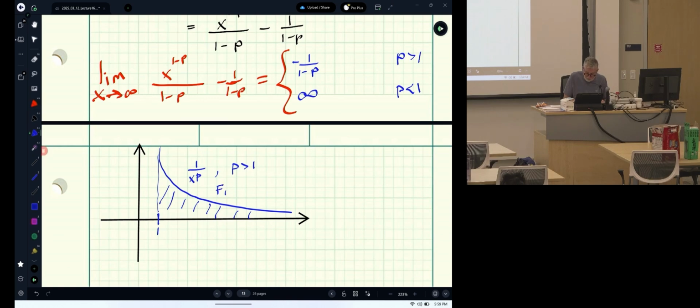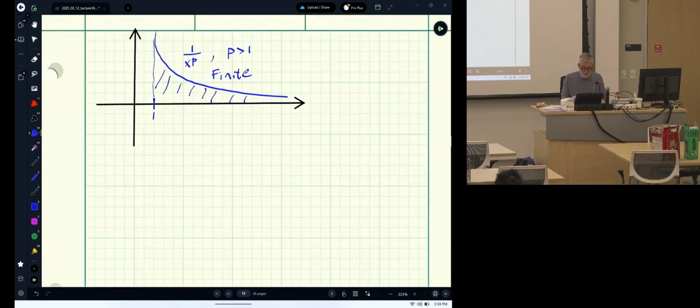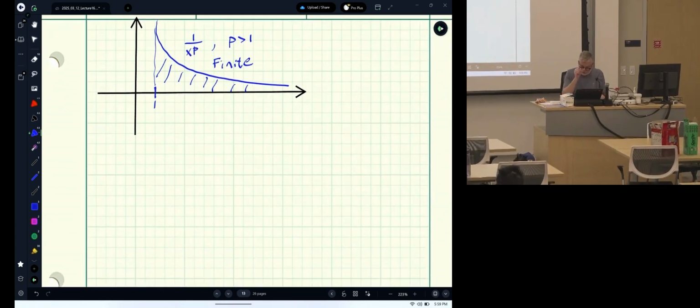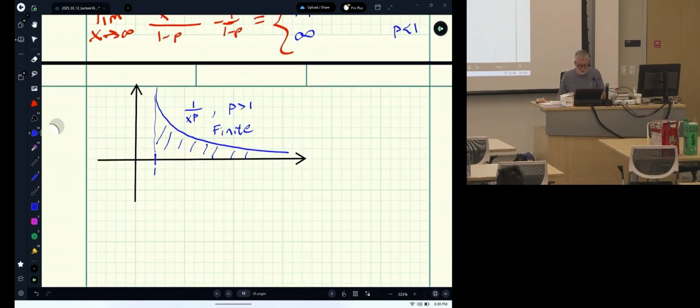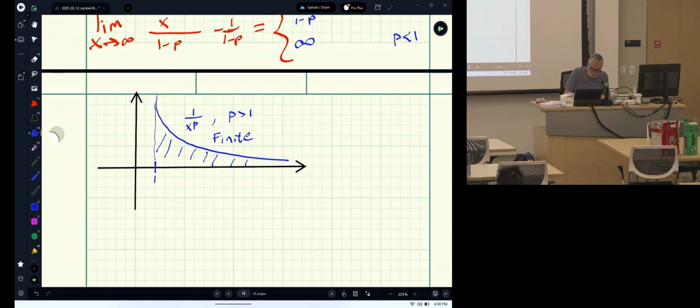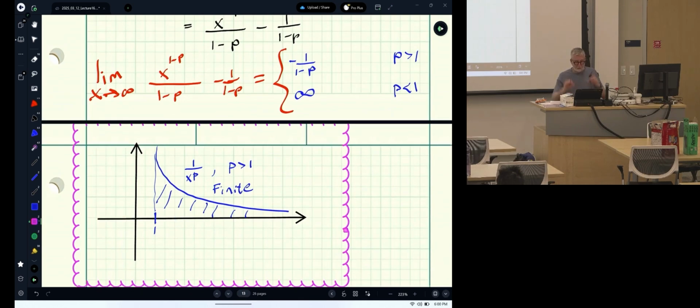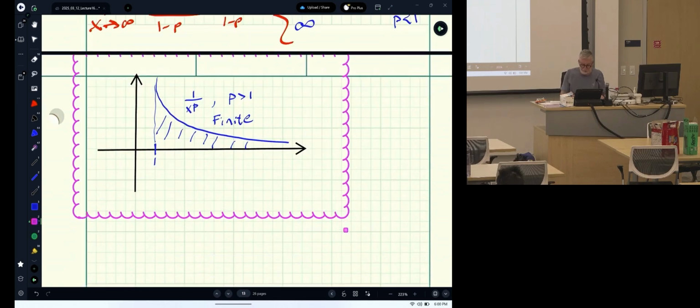P equals 1, remember that's the log, it's not finite. And if p is equal to 1 or less than 1, it's infinite. So this is the only case with these simple functions, these power functions, that this limit, when we take the upper bound, goes to infinity.